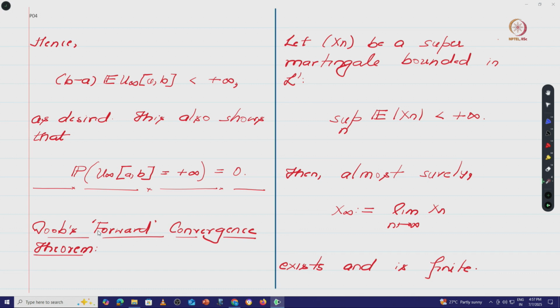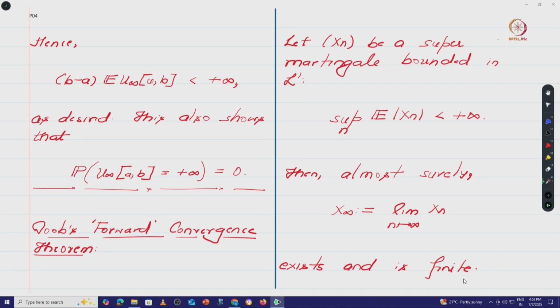It states that suppose you have a supermartingale which is bounded in L1, so that the previous corollary that we discussed applies. Bounded in L1 means this condition. Then Doob's forward convergence theorem says that almost surely the limit of the supermartingale exists and is finite. So this is the convergence theorem.